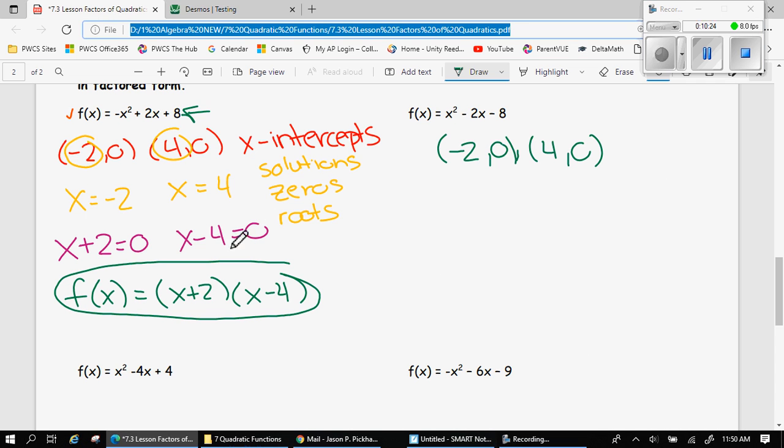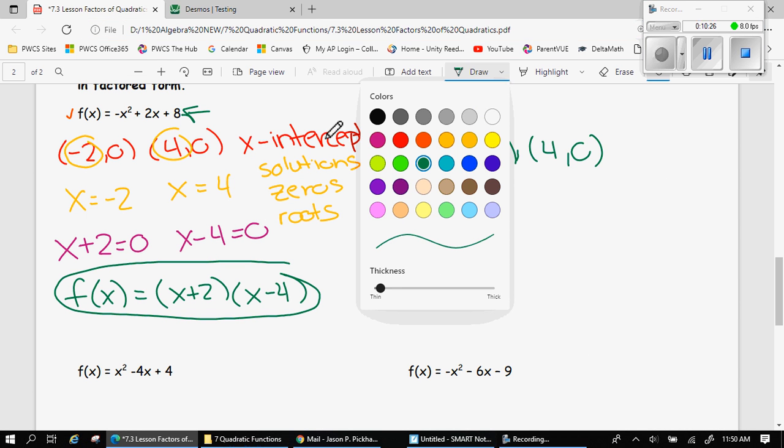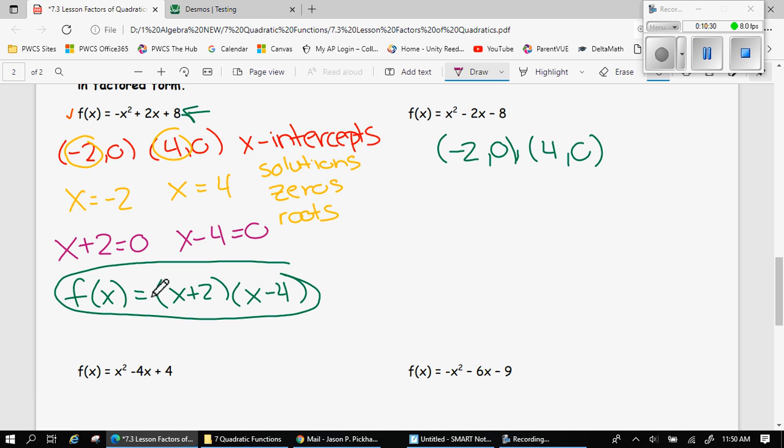I realize we have to go fix something over here. Because this started negative and our parabola turned down, we need to put a negative at the beginning of this, like a negative 1. You can see that our intercepts are the same here. So we're going to end up with about the same function.